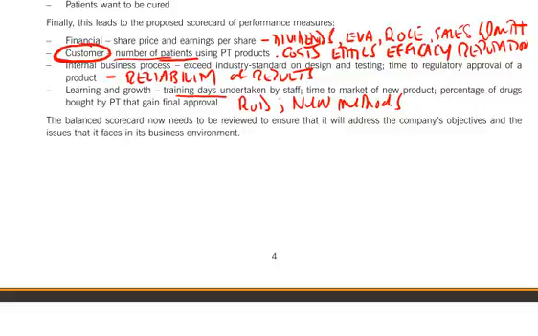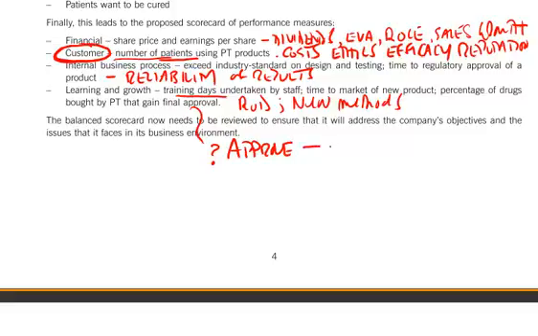There's a lot happening now in biotechnology and so on here. The percentage of drugs bought by PT that gain final approval, well, that's almost a little question mark there. Is this not putting an incentive in to approve, or to maybe change the evidence so you get approval?